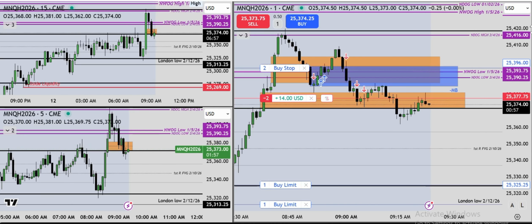So here price is reluctant to kind of move up. We're making lower lows, lower highs. In my mind, I'm seeing this as buyers thinking it's a pullback and that we're going to continue higher.